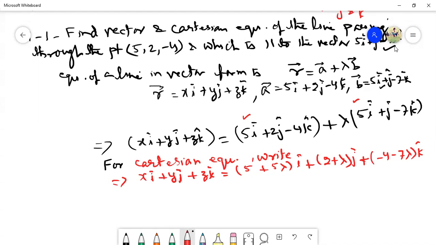Now comparing the coefficients of i, j and k.